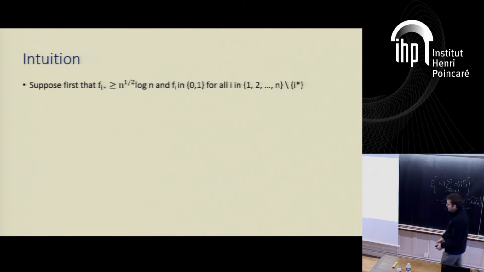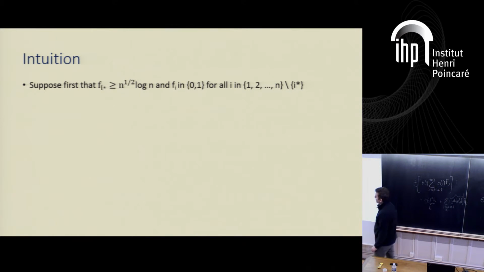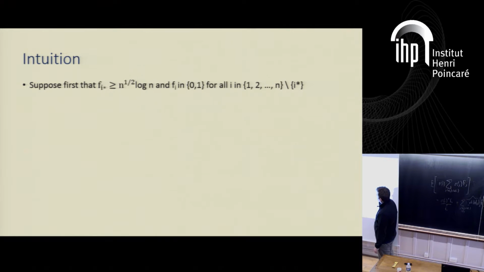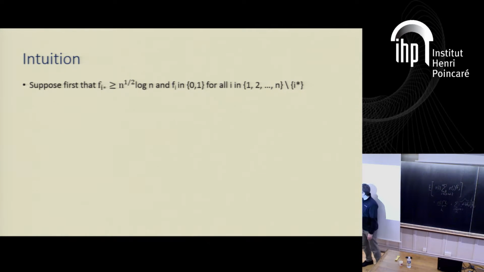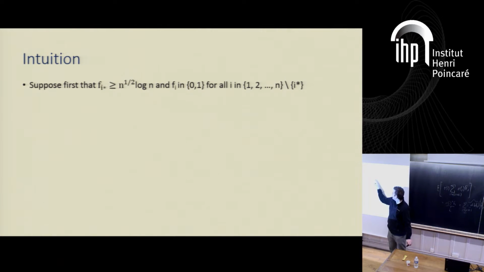Let me start with some intuition. Suppose that the single heavy hitter i star has frequency at least root n log n, and all the other items have frequency 0 or 1.